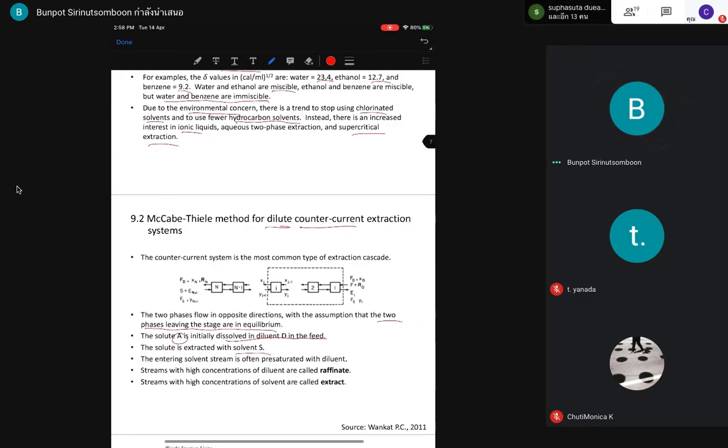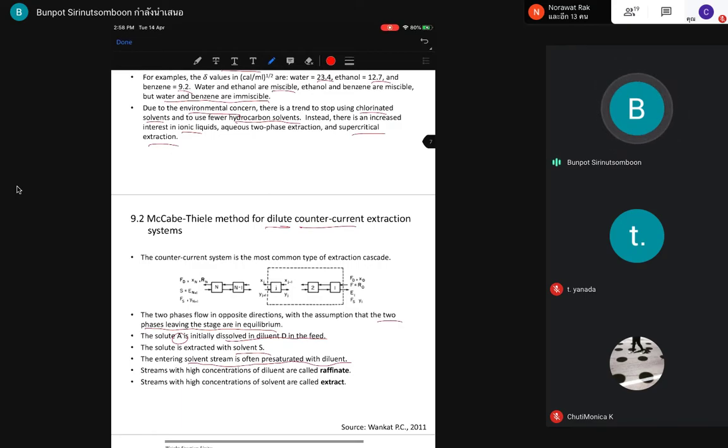Okay, so in order to prevent the mixing of the solvent into the diluent, usually we want our solvent stream to be pre-saturated with diluent. Pre-saturated means we mix the solvent and diluent together as much as possible before we use it in the system.